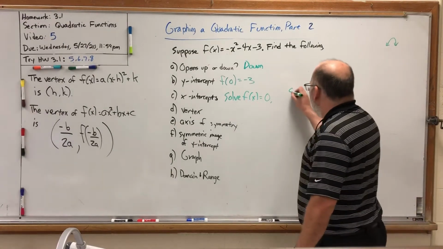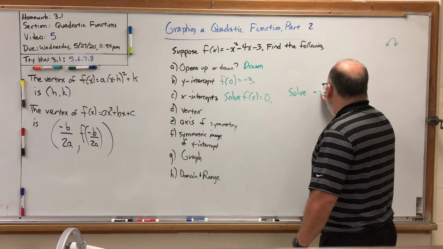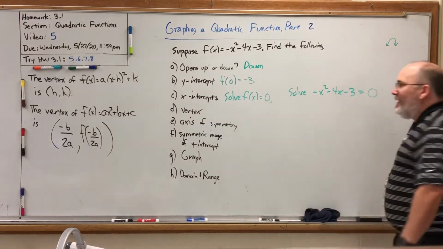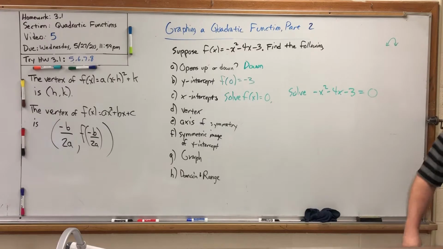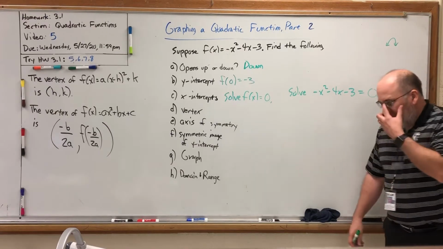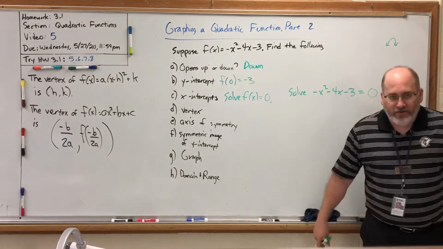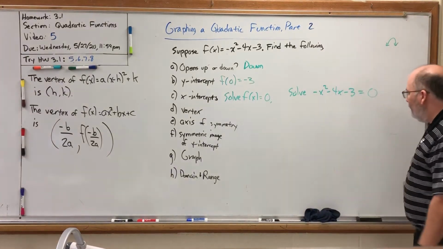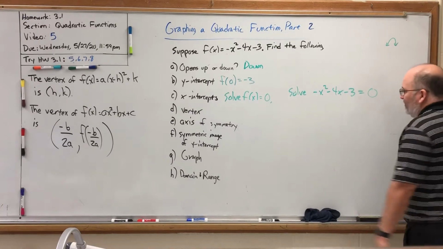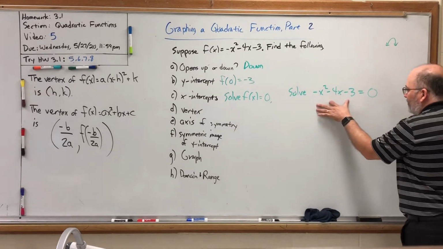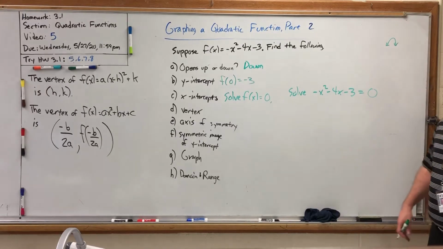So we need to solve negative x squared minus 4x minus 3 is equal to 0. Oh my gosh, everything is negative. It would be better if it wasn't. Word of advice. If you're solving an equation, you can move stuff to the other side. It will change its sign. So before I start thinking about solving this by quadratic formula or factoring, I think I'm going to take all three of these terms and move them to the right side.